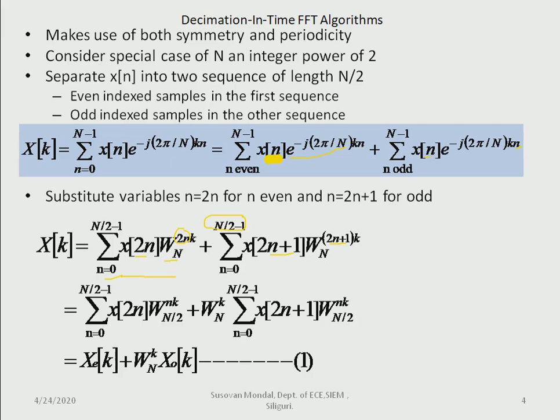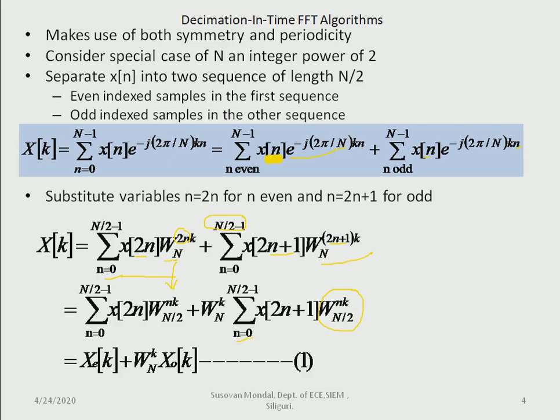Now this can be written as wn by 2 to the power nk. You already know why I can write that. In the previous slide I already showed you. And this can also be written as this. Now if I expand this expression, there will be a part wn to the power k, which will be outside of the summation, because this summation is actually for n.